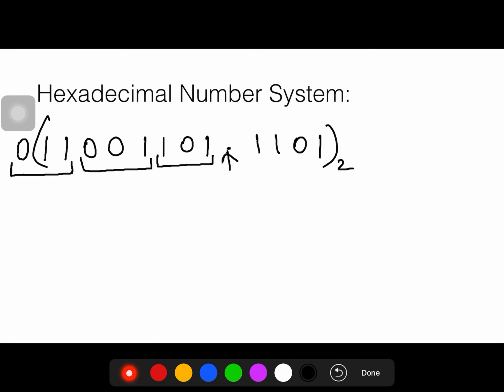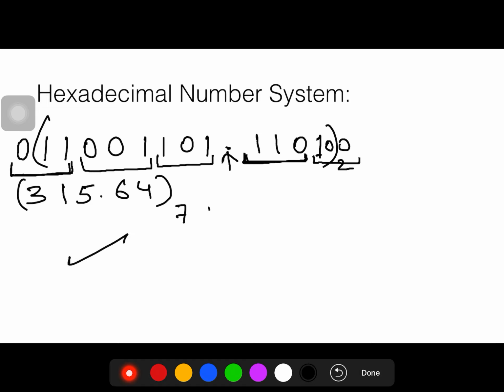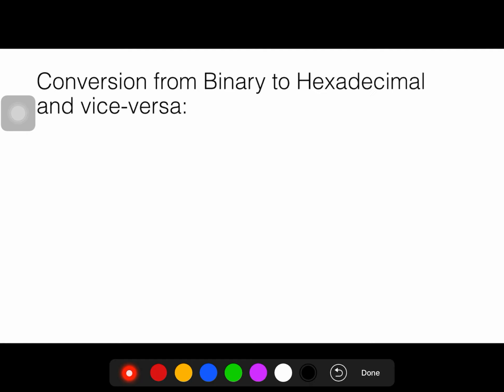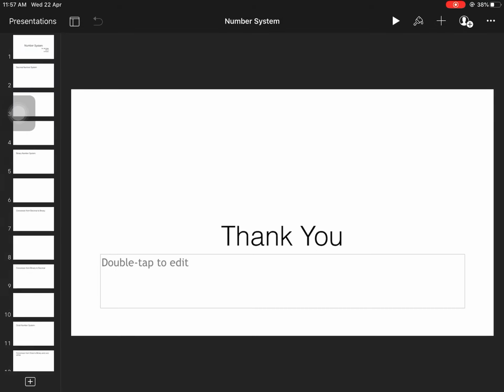Here we are only left with 2 digits, so we prefix with 0 and make the group. Now one group is formed. Grouping starts from the decimal point. For the other side only one digit is there, so we suffix it with 2 additional zeros to form the group. Now 110 is 6, giving 315.64. This is the required number. In this way you can convert a binary number to another base.